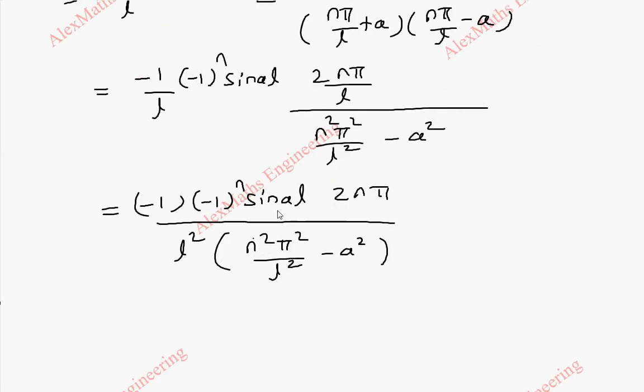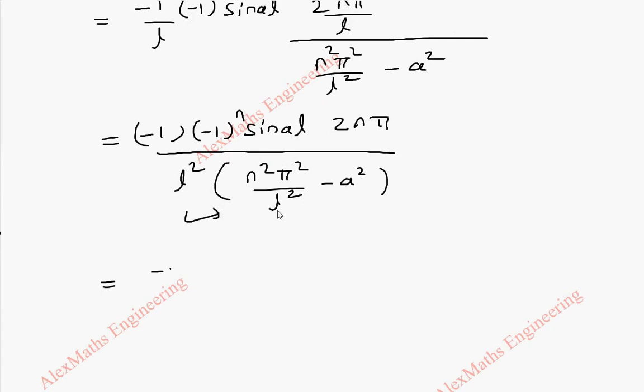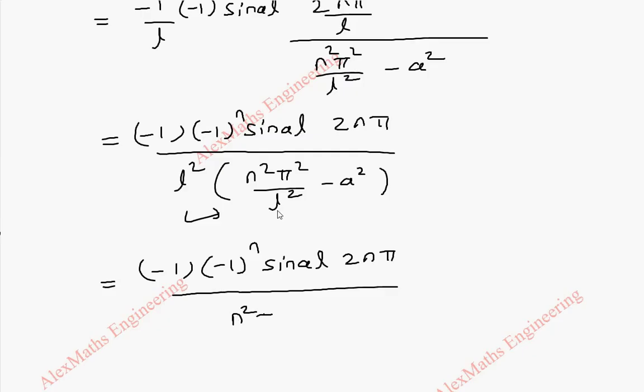We can multiply this L square inside of these two terms. So this is minus 1 into minus 1 power n sin al 2n pi whole divided by n square pi square minus a square L square. This is what we get for bn.